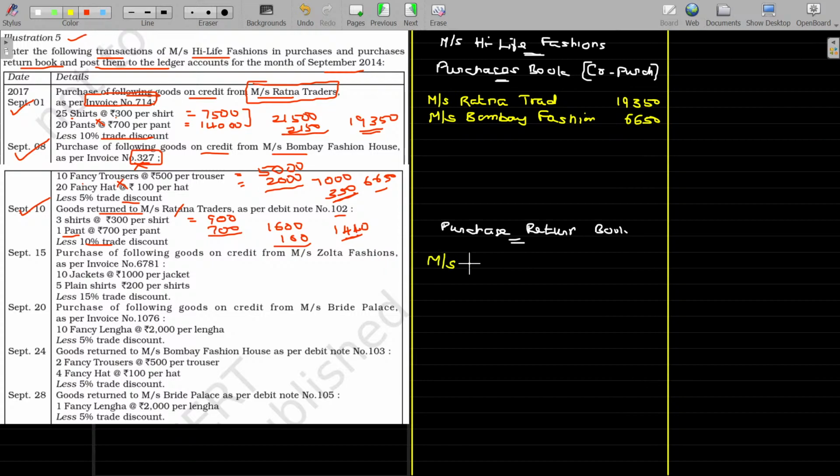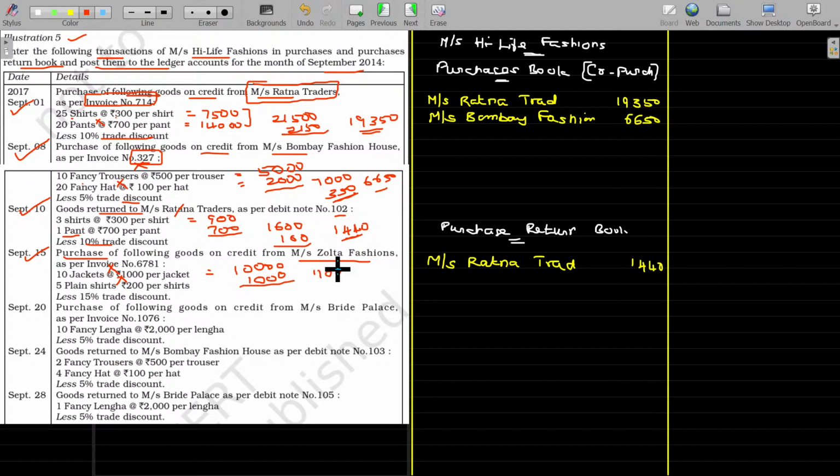Mrs. Ratna Traders, this value being 1440. September 15, purchase of the following goods on credit from Mrs. Zolta Fashions. 10 jackets at the rate of rupees 1000, so this is 10,000 rupees. 5 plain shirts at rupees 200, so this is around 1000 rupees. 10,000 plus 1000, 11,000.